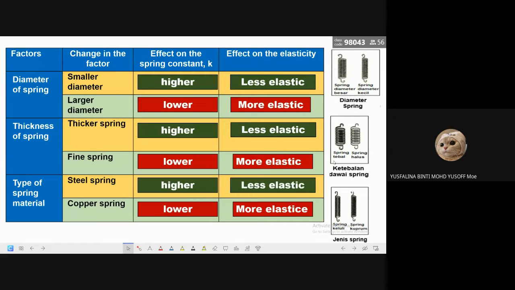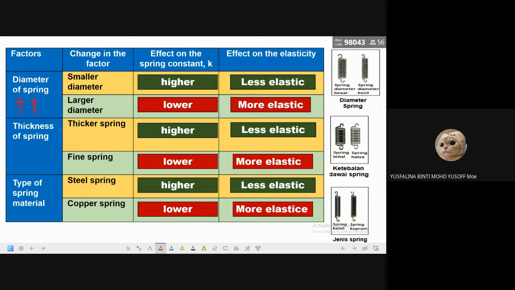So let's discuss the diameter of the spring. The diameter of the spring means this one, and this one. You can see the diameter.